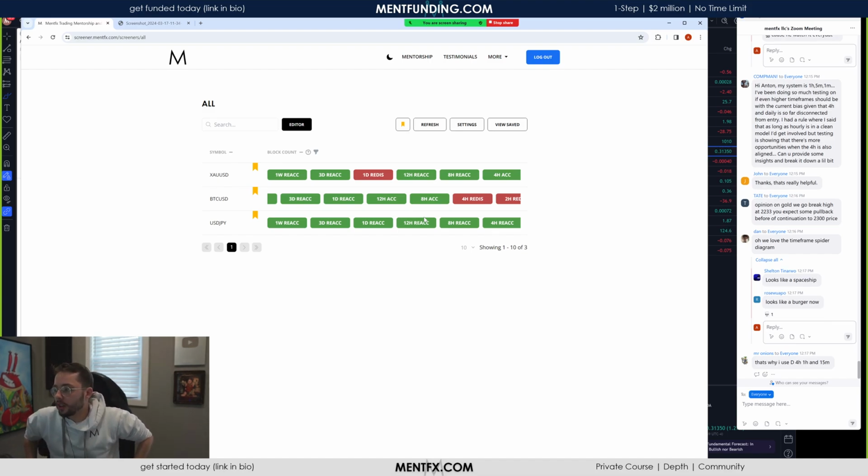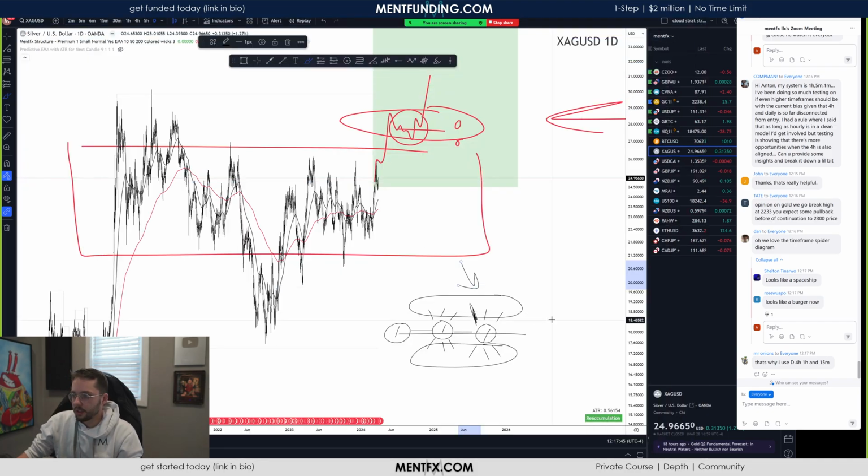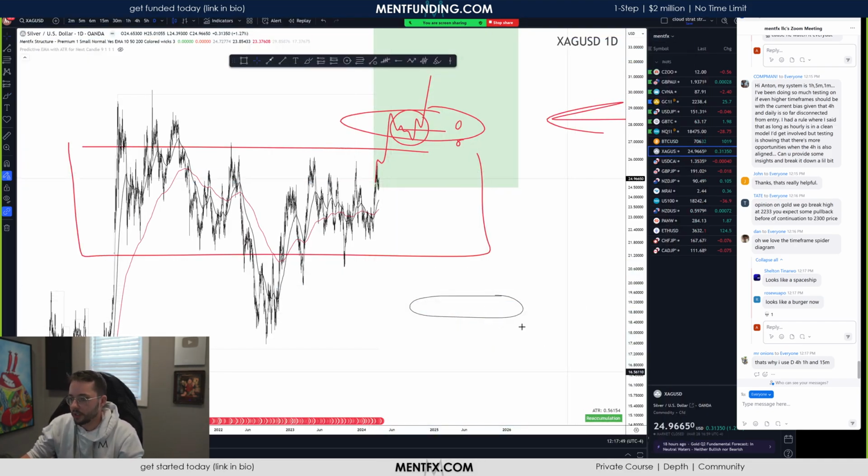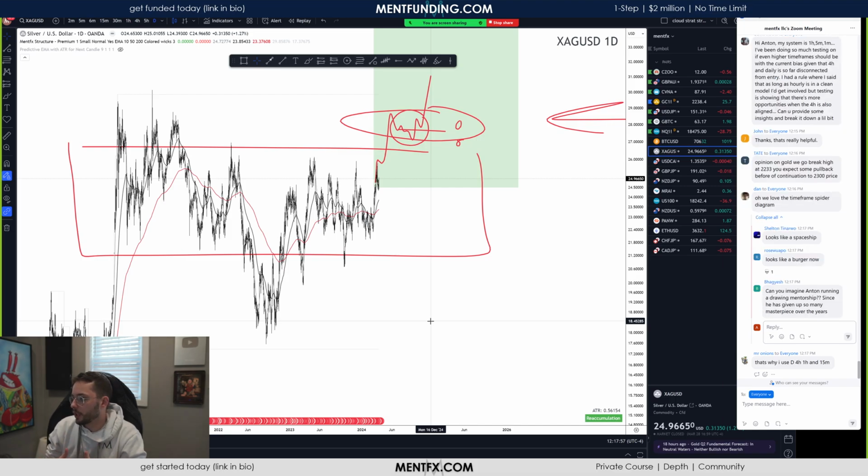Versus just saying, hey, use 3 timeframes, good luck, have fun, right? Spaceship? Yeah, this is a spaceship. That is why everything you just said lines up. You have more things in agreement, the price is a little bit cleaner.